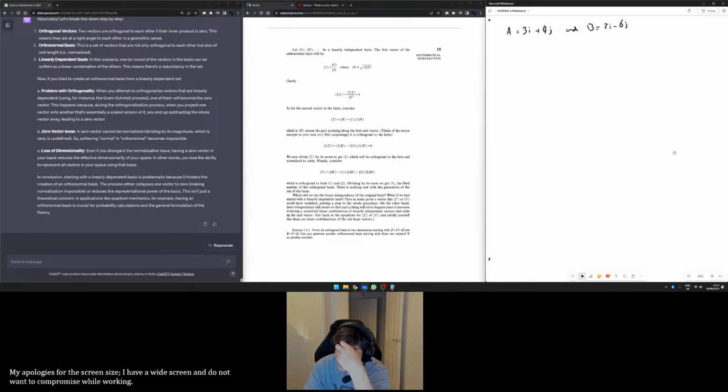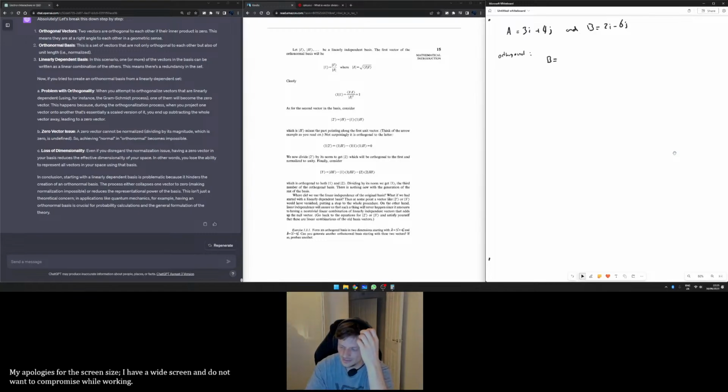If you've got two vectors, then to make it orthogonal, so that makes it orthonormal, but to make it orthogonal, we would take the B equals, oh, well, form an orthogonal basis in two dimensions.